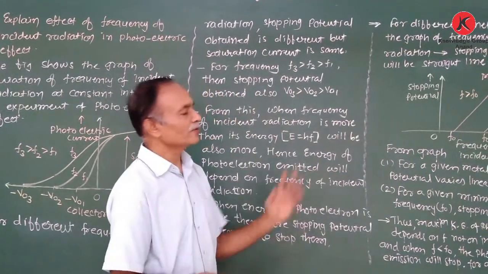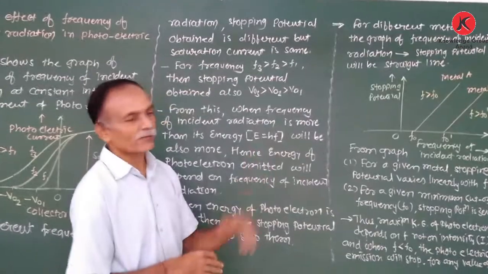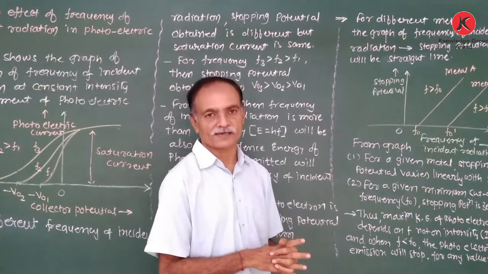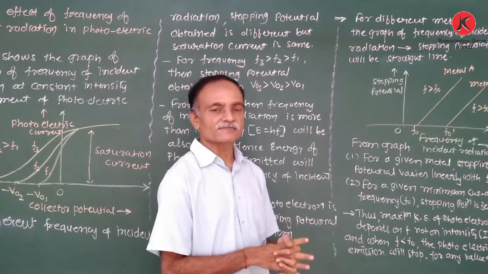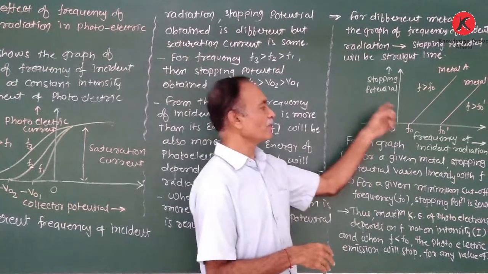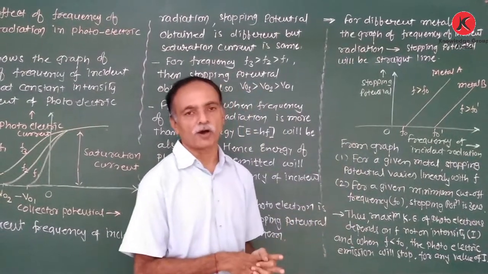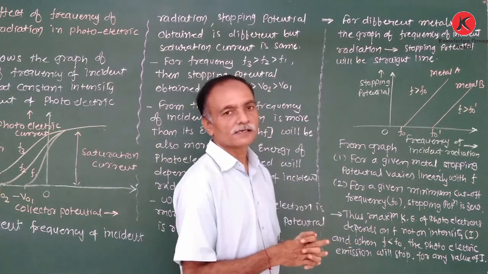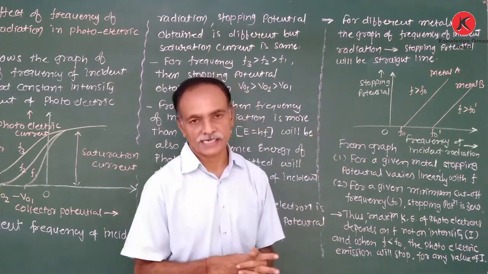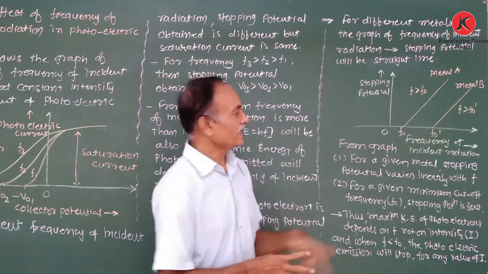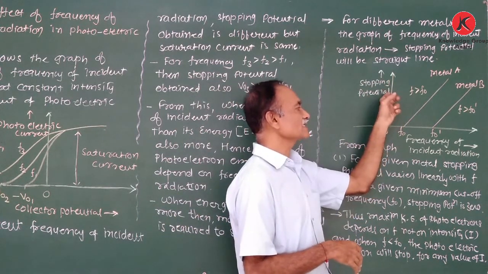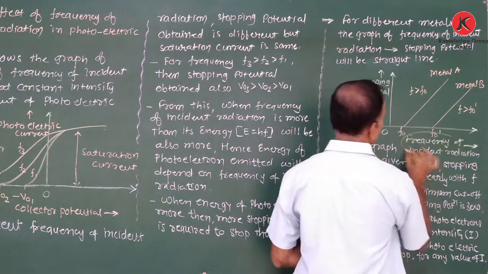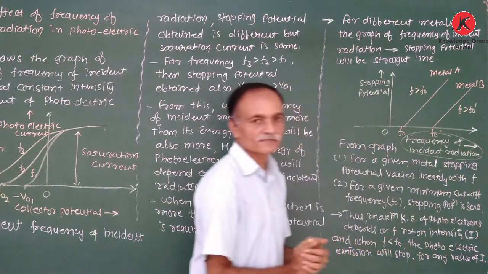Okay, now we draw the graph of stopping potential versus frequency of incident radiation for different metals. This graph will be a straight line. Here on the y-axis we take the stopping potential, on the x-axis we take the frequency of incident radiation.